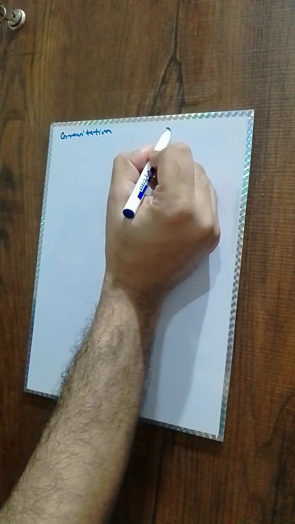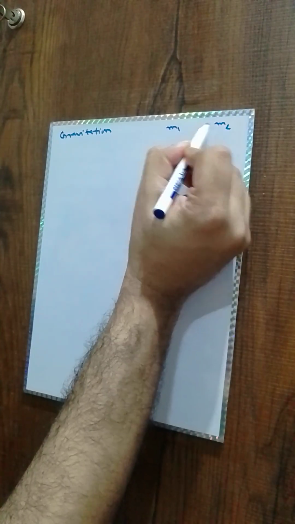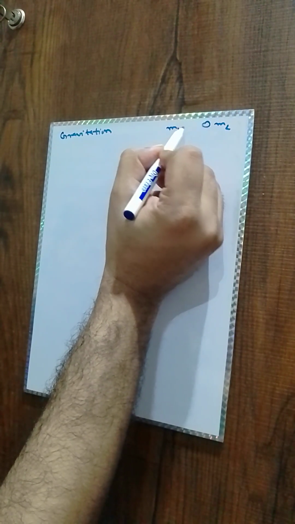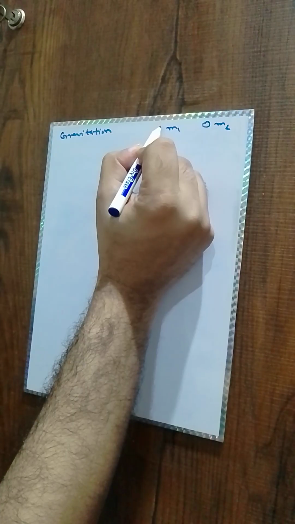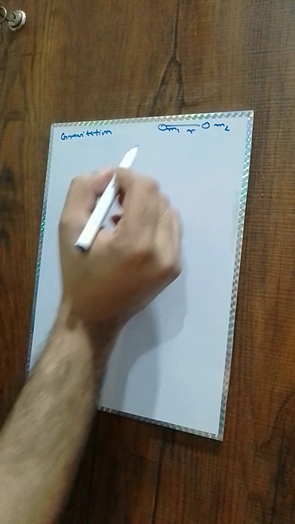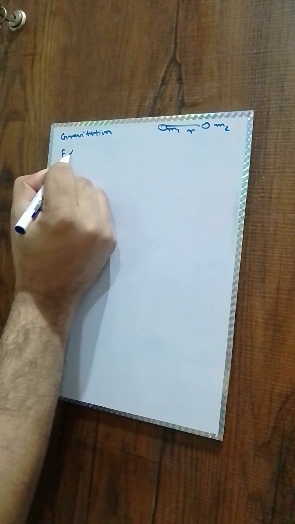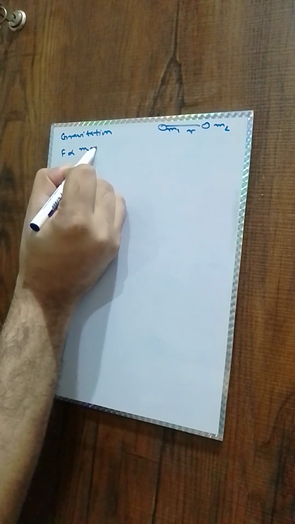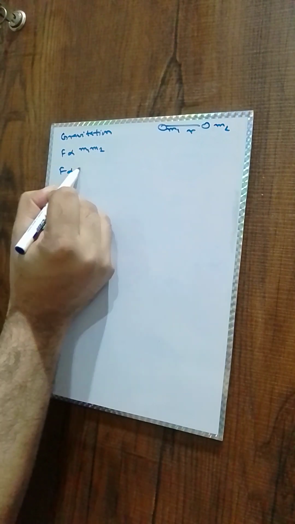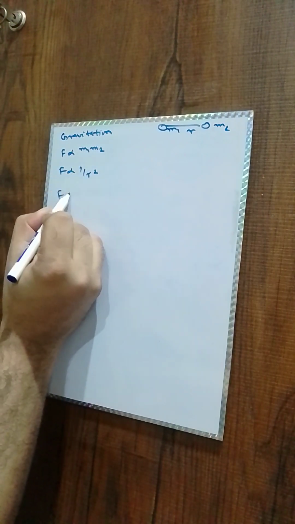Look at the Earth right now. We have two objects, let's say M1 and M2, and there's a distance r between them. So the force of gravitation would be proportional to the product of masses and inversely proportional to the square of distances combined.